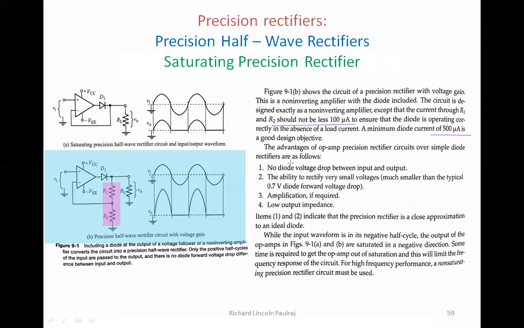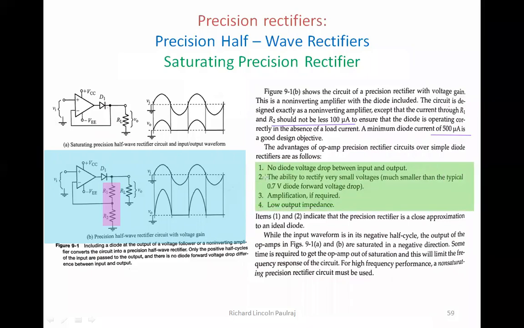Now there are a few advantages. I could ask a question: what are the advantages of these precision rectifiers over the simple diode that we were using previously? These four points can be your answer. No diode voltage drop between input and output.